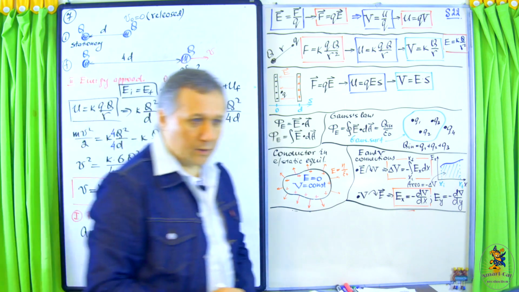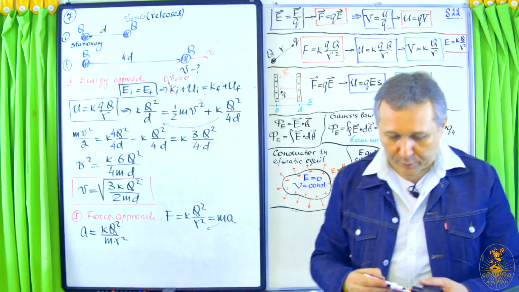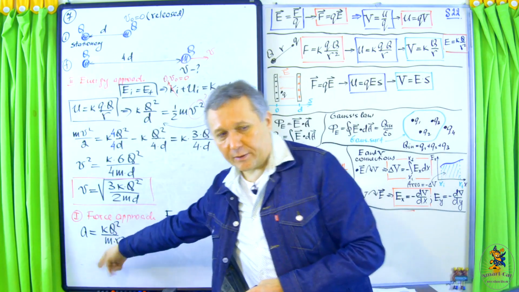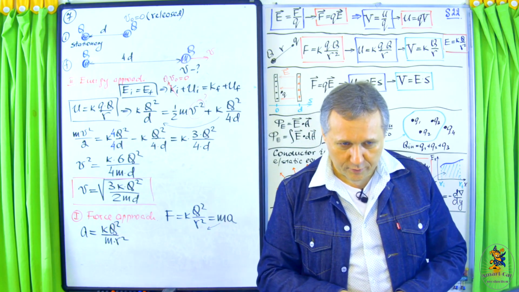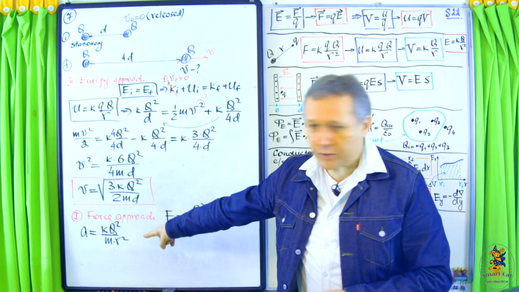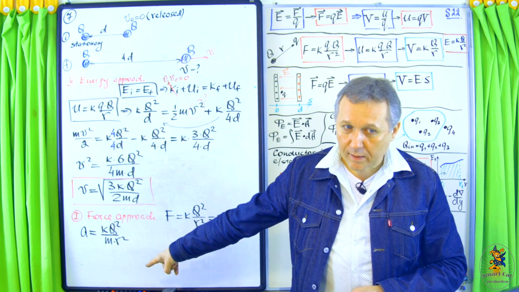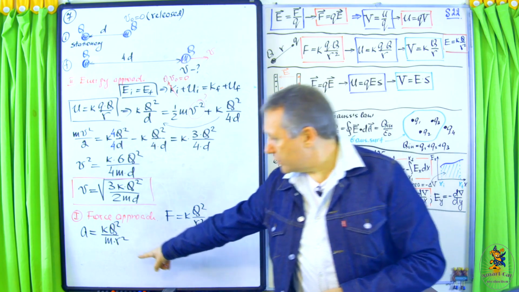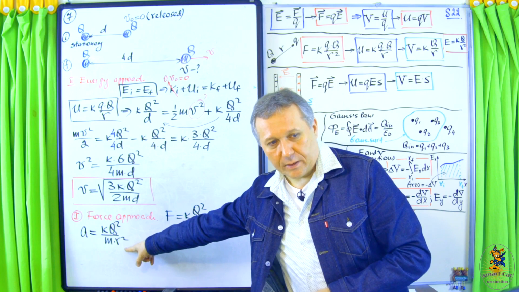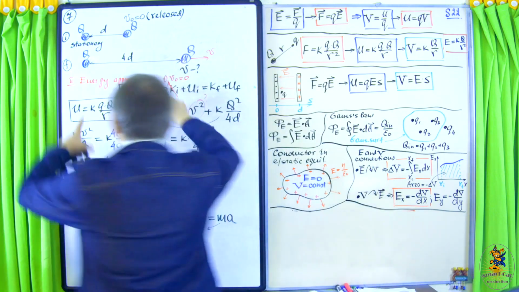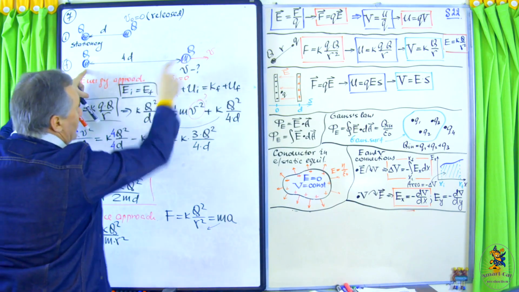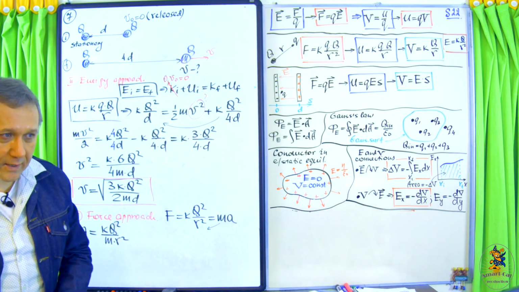And usually in the force approach, once we find acceleration, we start using kinematic equations. But can we use kinematic equations now? We cannot, because you see, we have r downstairs. And what happens with r as this charge flies? It increases, it changes all the time.